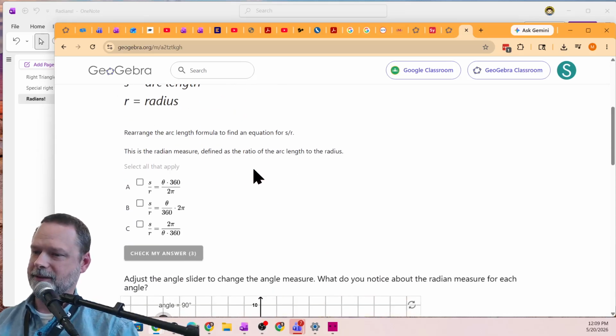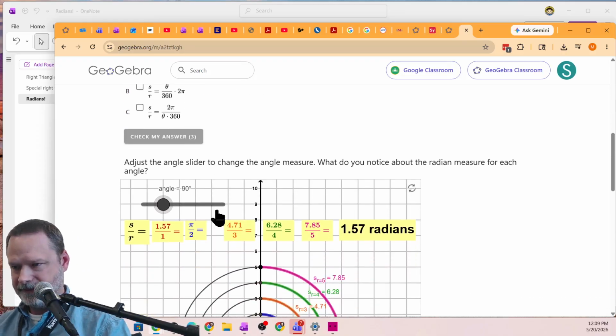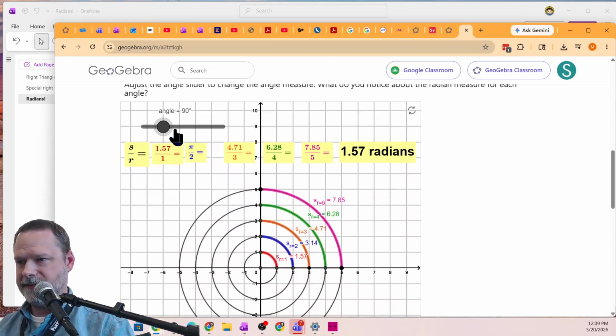I don't know. We'll assume she made it. We got this little angle measure thing to move around. And so we got S over R. We have a radius for each one of these. My radius for the red one is 1. The radius for the blue one is 2. The radius for the other one is 3. And then we're getting corresponding arc lengths to the angles.